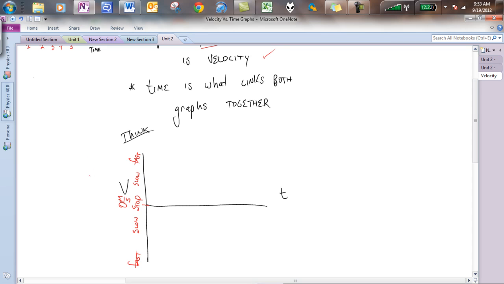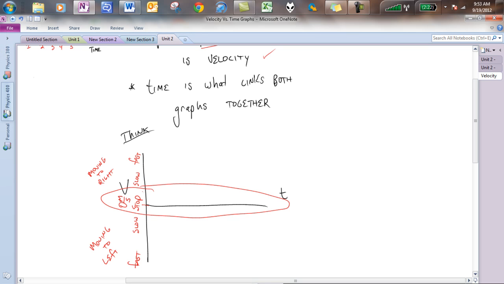This is moving to the right, and this is moving to the left. So that is how you read a velocity versus time graph. Again, fast, slow, stop, slow, fast. Keeping in mind this t-axis is the key: that is when an object has stopped.